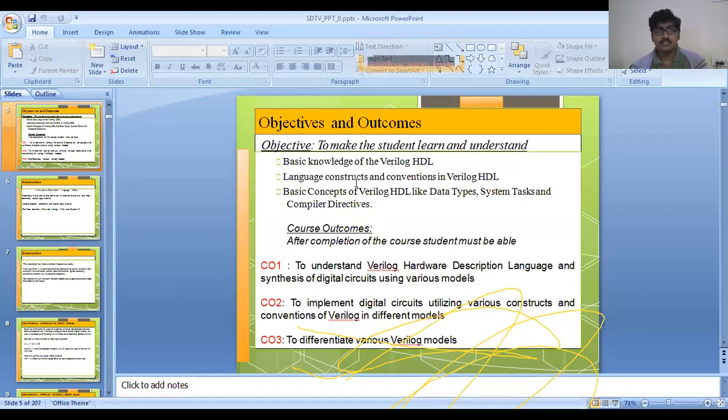And the student must also learn and understand the basic concepts of Verilog HDL, like data types, system tasks, and compiler directives also. These are the objectives of the subject.